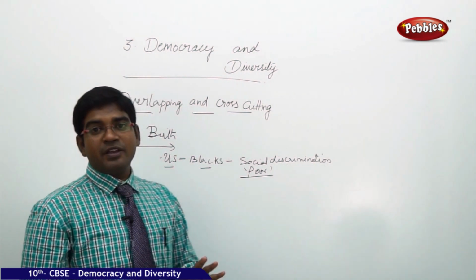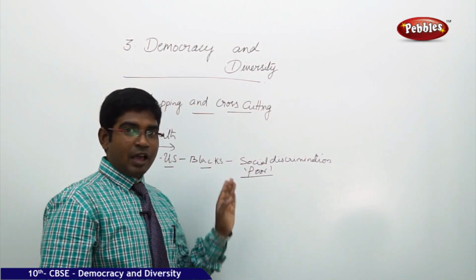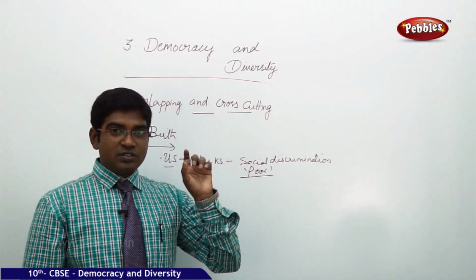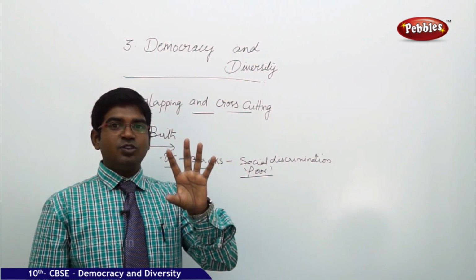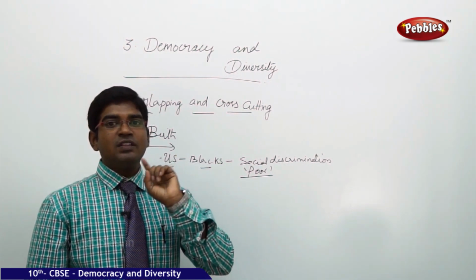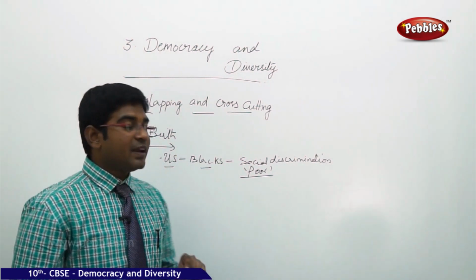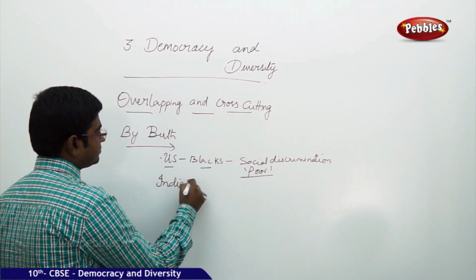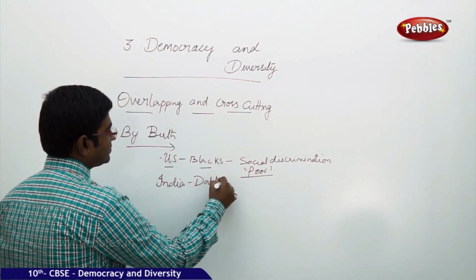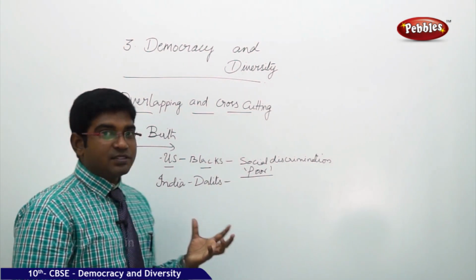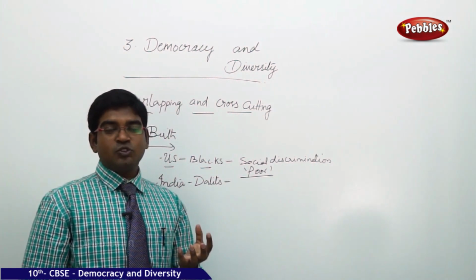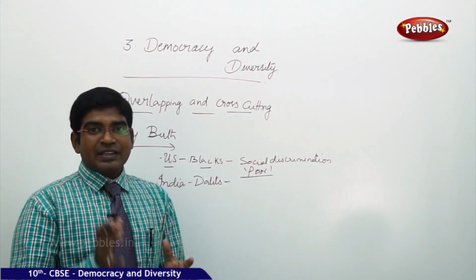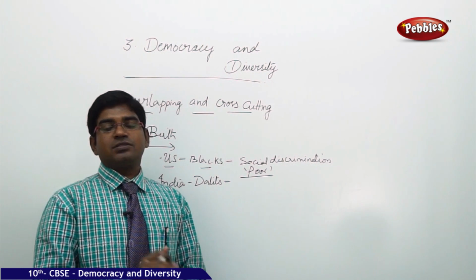The US may be a rich country. The blacks are born and brought up in the US. But if they are financially weak, and you ask them, you learn that they are facing social discrimination. In the same way, let us take India. The Dalits, or lower caste people, the Harijan society, are, as per caste calculations, the lowest caste.